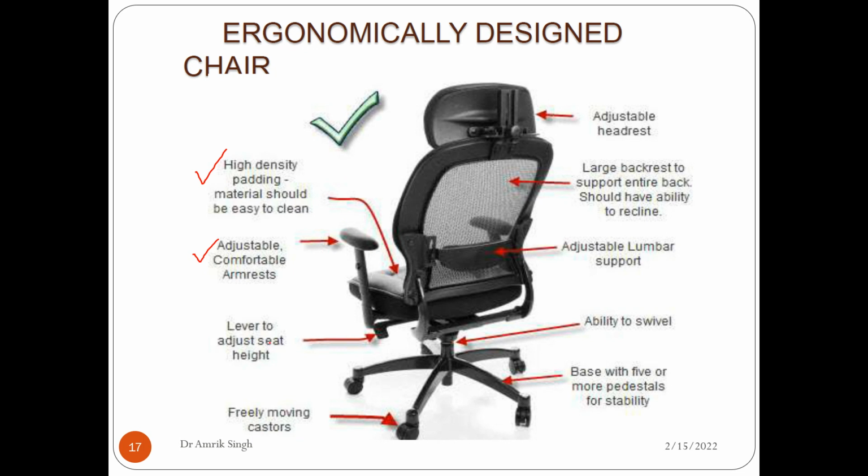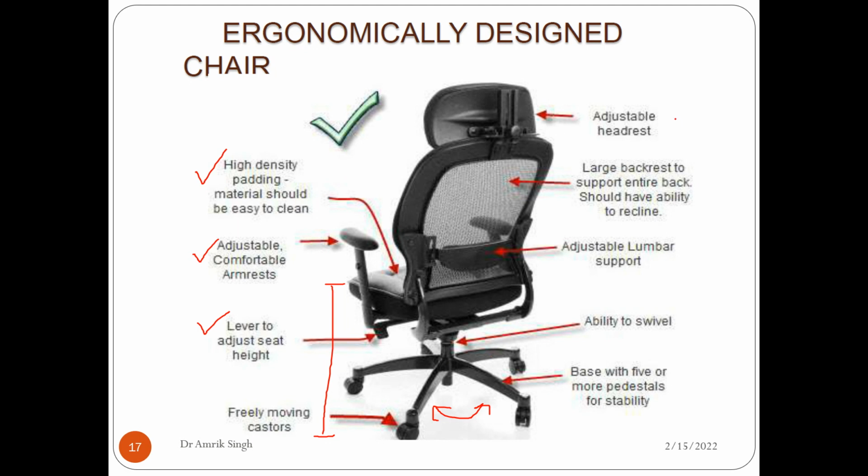Then there should be a lever to adjust the height from the floor to here, because this will vary. The chair may quite often be used by a taller person or by a person who is short in height. Then freely moving casters. These are the caster wheels, which enable the chair to move all around the workplace.